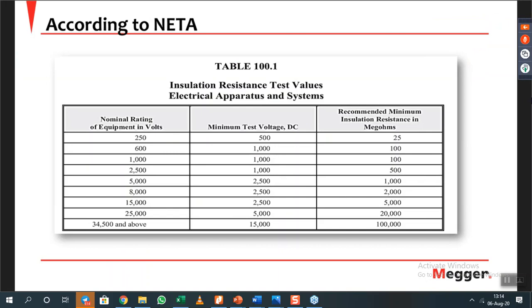And according to the NETA standard, we have this latest table, table 100.1, wherein in the leftmost column is the rating of the equipment in volts.